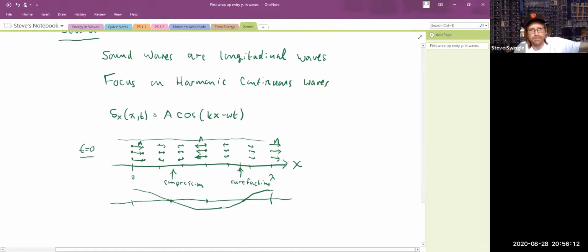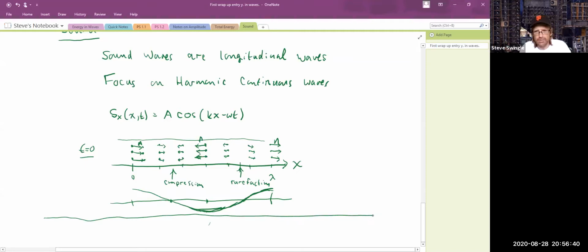They're just the points where the thing is crossing through zero. But with the sound wave, they have completely different behavior. One is where there's high pressure and high particle density, and the other is where there's low pressure, low particle density. It's an important difference. And when you hear about sound waves, you always talk about compressions and rarefactions.